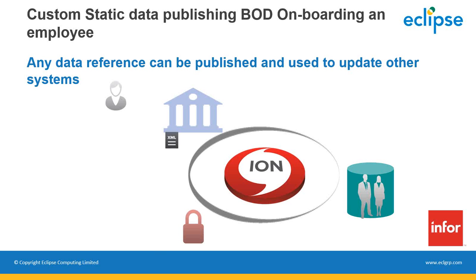If we're talking about an employee that needs to be reimbursed for personal expenses, they need to be set up on the finance system, in the expense management system, and maybe on the HR system or the payroll system as well.